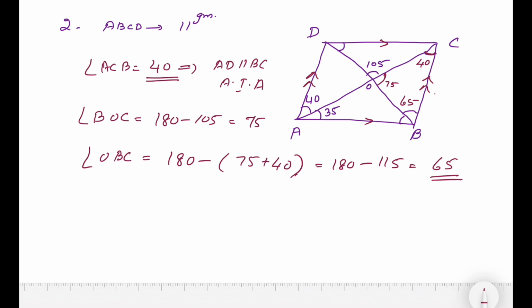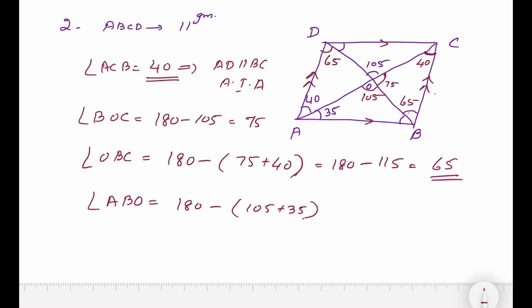Now you have to find, so this is 65. So this angle will be 65. Now you can find angle ABD, or you can, this will be 105. So angle ABO will be equal to 180 minus (105 plus 35).